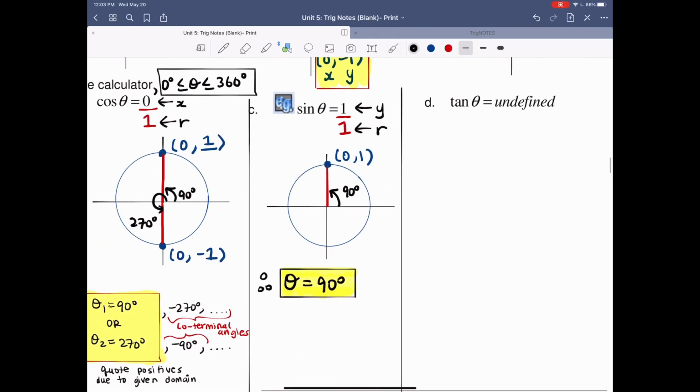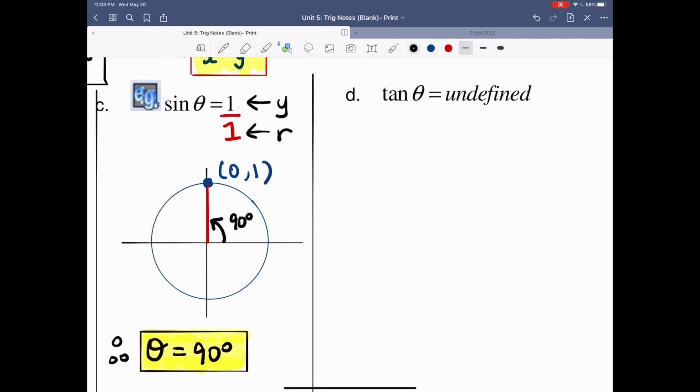Tan theta is equal to undefined. So that's where you have to really understand what's going on algebraically. Well, when can you ever have undefined? One situation is if you have a number divided by a 0. And we'll say this is y and this is x based on our previous summary.